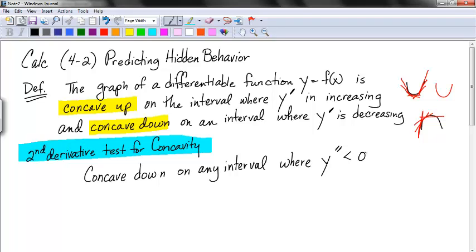It's going to be concave down on any interval where y double prime is less than 0, and it's going to be concave up on any interval where y double prime, or the second derivative, is positive. Okay. And I'll show you on a couple of examples how we test it.